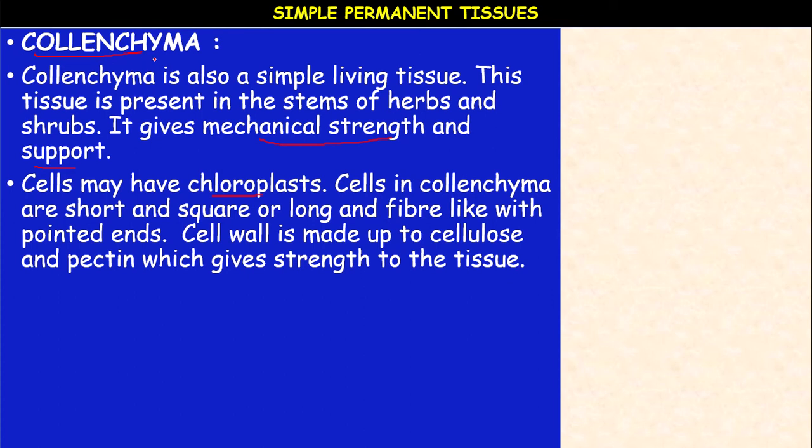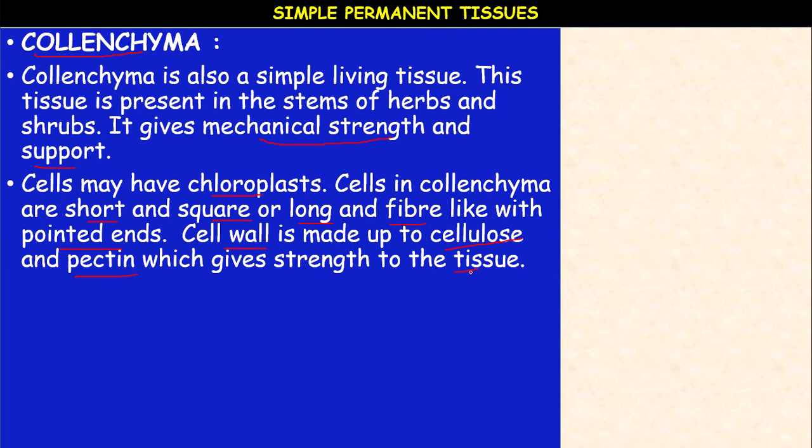Chlorenchyma is a type of parenchyma, but here this is collenchyma. The cells of this collenchyma also have chloroplasts. The cells in collenchyma are short, square shaped or long and fiber like with pointed ends. The cell wall is made up of cellulose and pectin, which gives strength to the tissue. Pectocellulose gives the strength to the tissue.